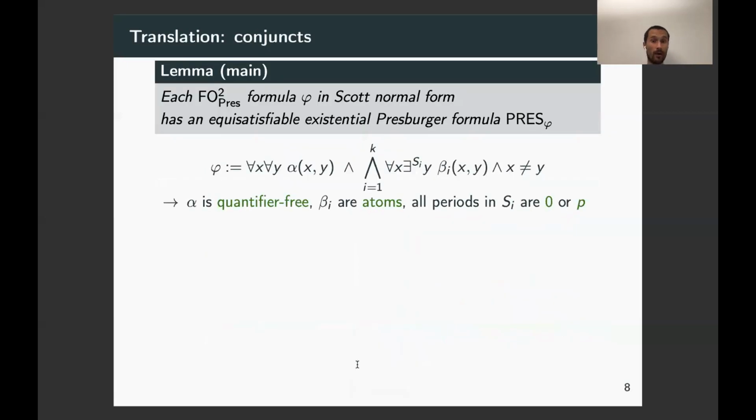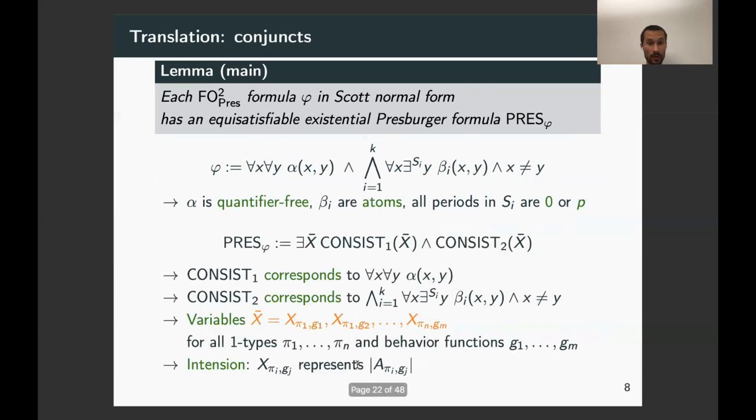So let's come back to our translation. How do we do it? Well, we have the formula in Scott normal form, and there are 2 components of it, alpha and this more complex stuff. And our Presburger translation again has 2 components corresponding to each of the components in the formula in the Scott normal form. Consist 1, consist 2.